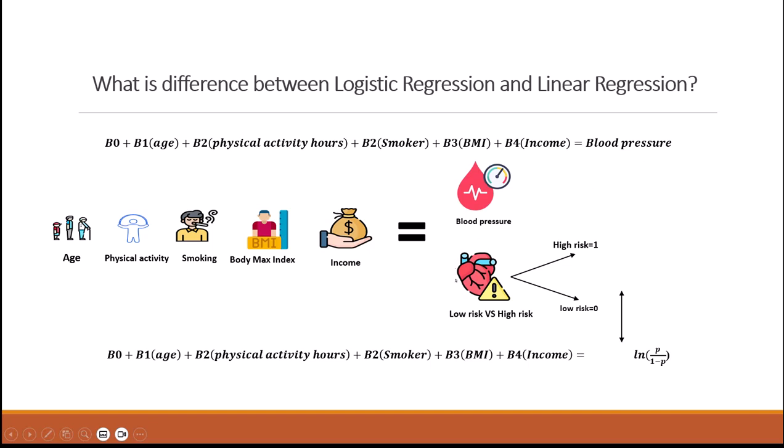But if we want to predict whether those patients are categorized as high risk or low risk cardiovascular patients, we encounter a classification problem. So the right hand side of the formula is exactly like linear regression, but we want to find the log odds ratio, which includes the probability of those events.